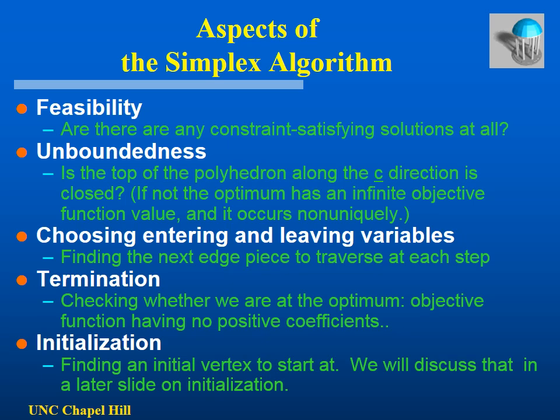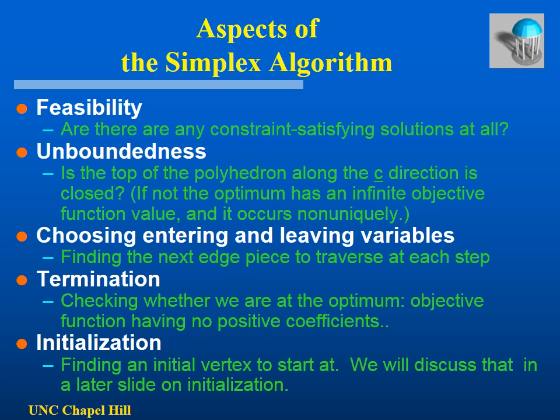We have finished our discussion of the simplex algorithm, at least in terms of the steps, but there are a number of issues that we still have to face. The first one is whether there are any constraint-satisfying solutions at all. Is there a feasible solution?